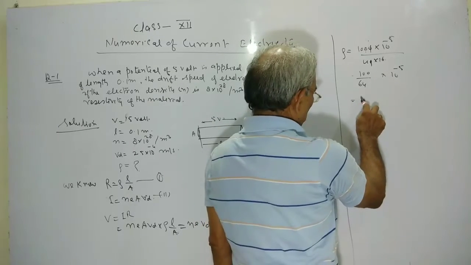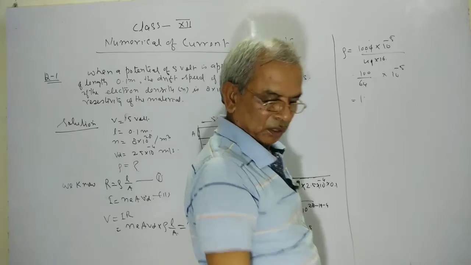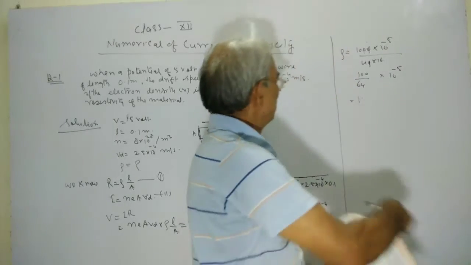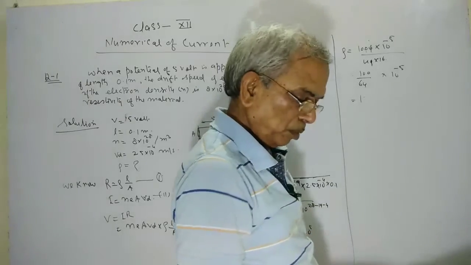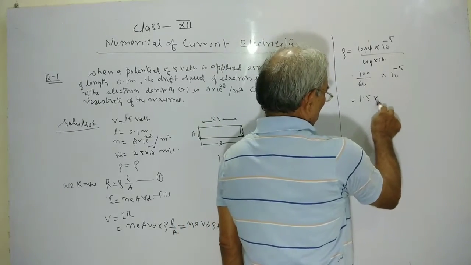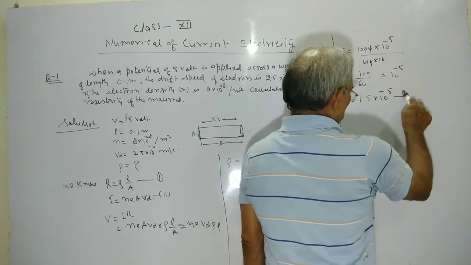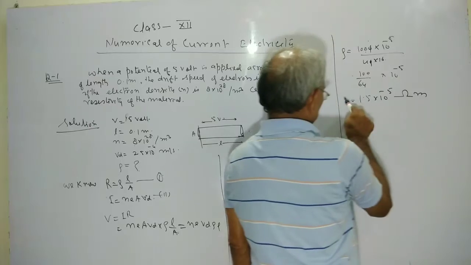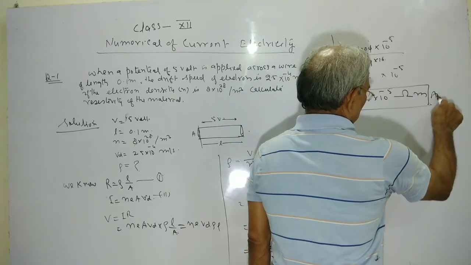This is equal to 1.5 into 10 to the power minus 5 ohm meter. This is the answer.